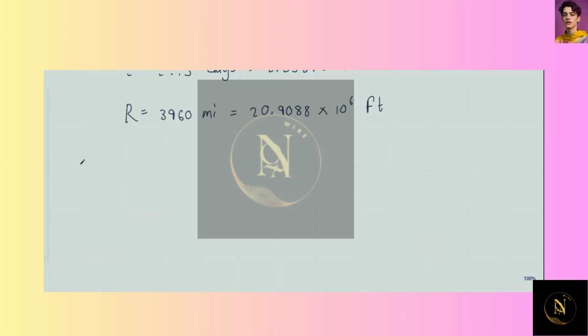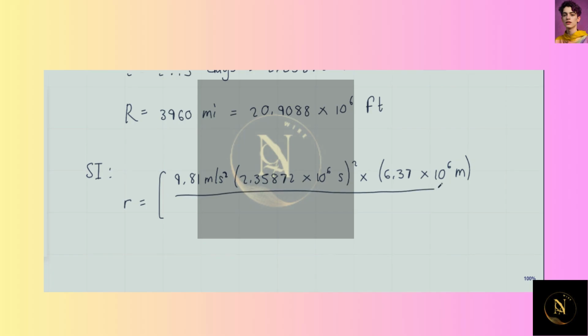So the first thing we'll do is calculate the value for r in SI units. So in SI units, r is equal to, and we use the equation above, g, which is 9.81 meters per square second, times 2.35872 times 10 to the 6 seconds, and that's squared, multiplied by the radius of the Earth, which is 6.37 times 10 to the 6, and that's in meters, all over 4 pi squared, and this is all to the power of 1/3, the cube root of all this.